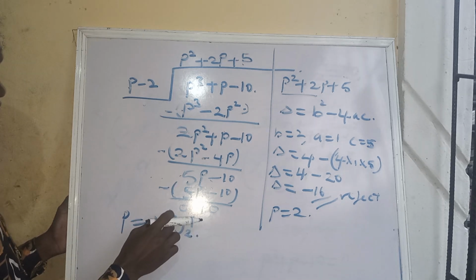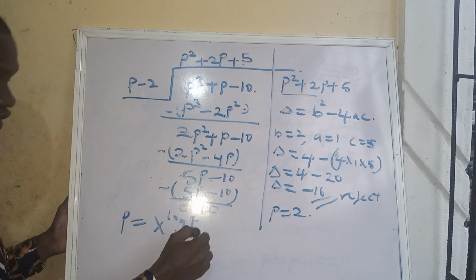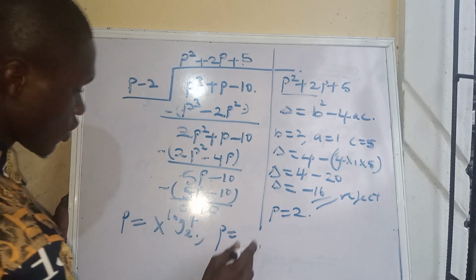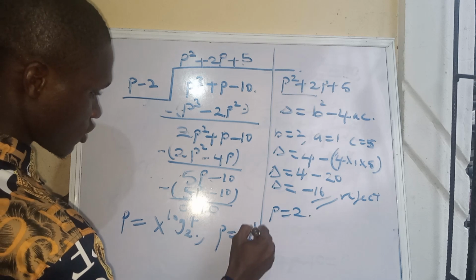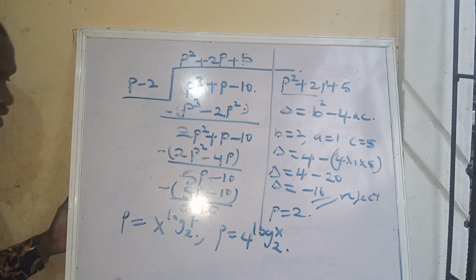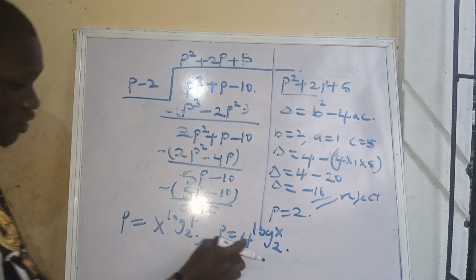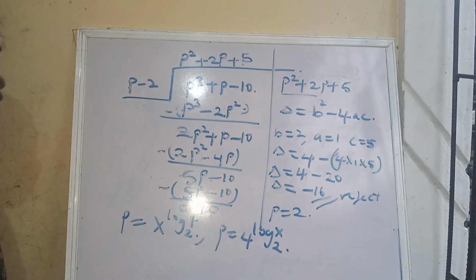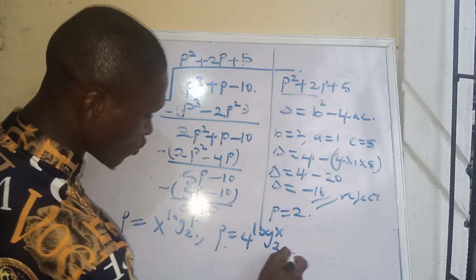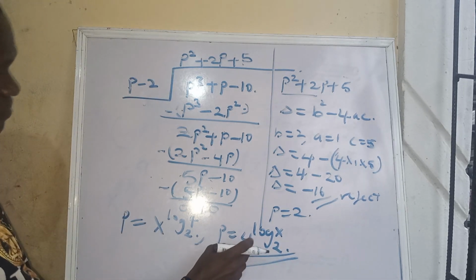P is equal to x to the power of log 4 to base 2, or rather, we say p is equal to 4 to the power of log of x to base 2. You can pick any of them. P is equal to this, and P is also equal to this. But since we said P is equal to this from our first solving, we are going to pick this.